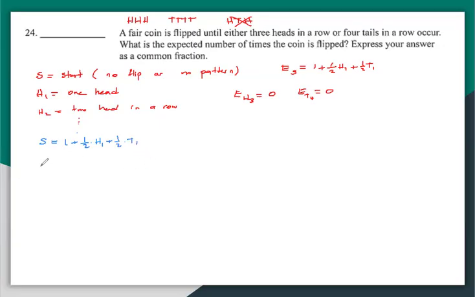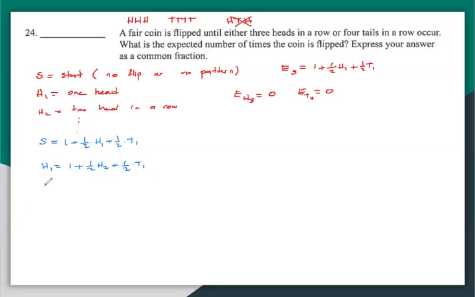And H1 is equal to the current state's 1 plus, after H1, you could have another H or you could have a T, each with 1/2 chance, so 1/2 times H2. Again, when I say H2, I mean the expected value. When I say H1, I mean the expected value of state 1 for H, so plus 1/2 times T1.